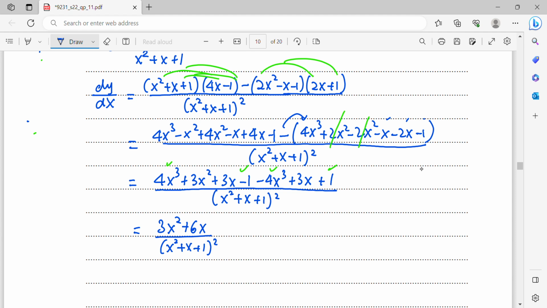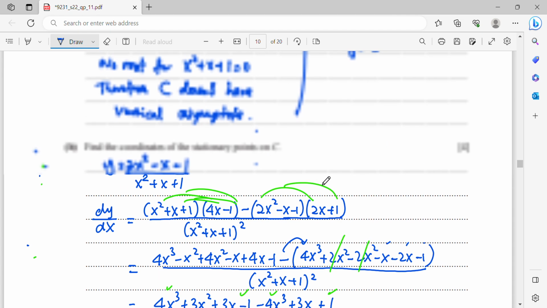When dy/dx is 0, we know the denominator needs no consideration, so the numerator will be 0. I will factorize the 3x, so 3x times (x plus 2) is 0, which means x will be 0 or minus 2.